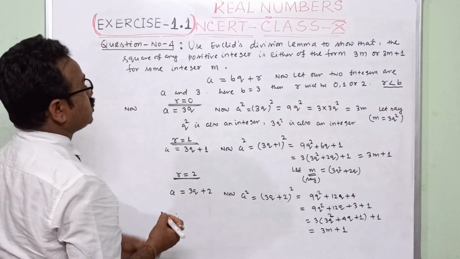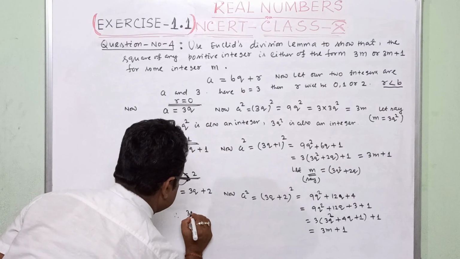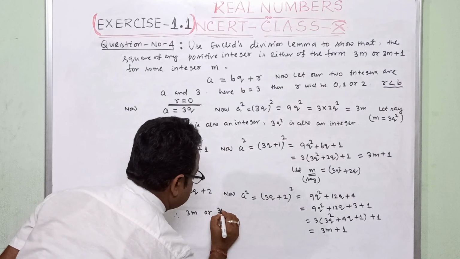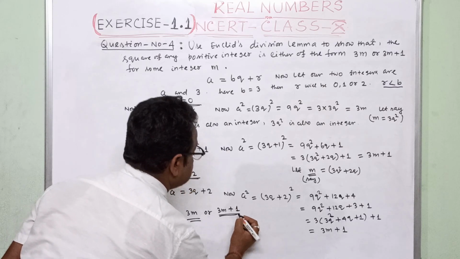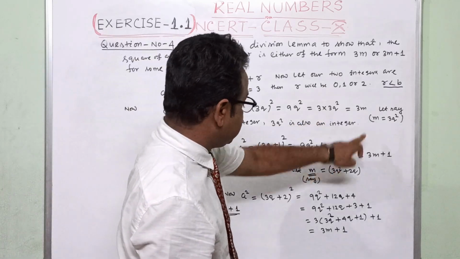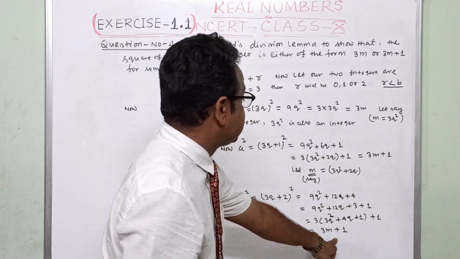Therefore, we get 3m or 3m plus 1. Here we are getting 3m, and here we are getting 3m plus 1.